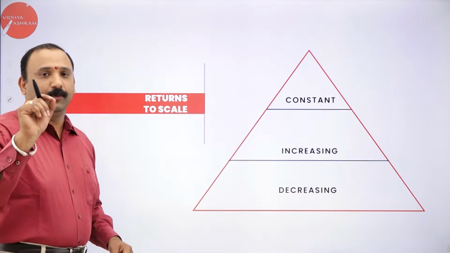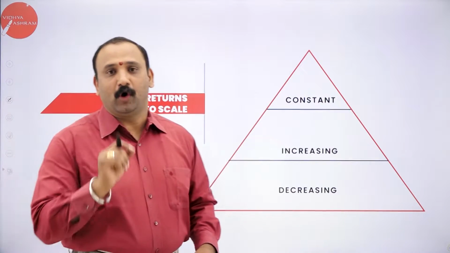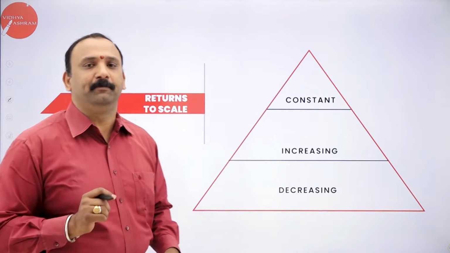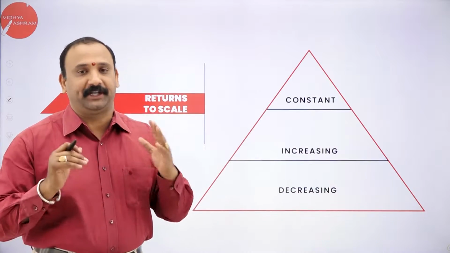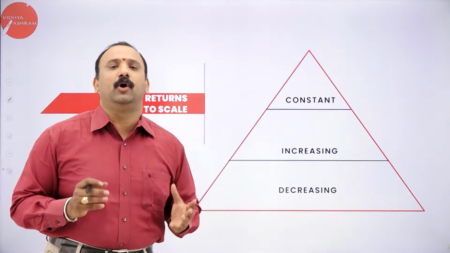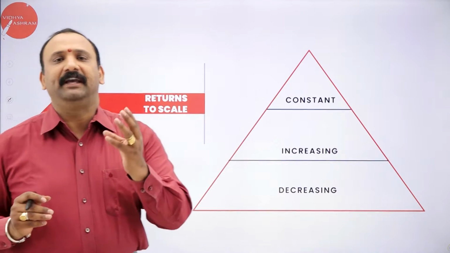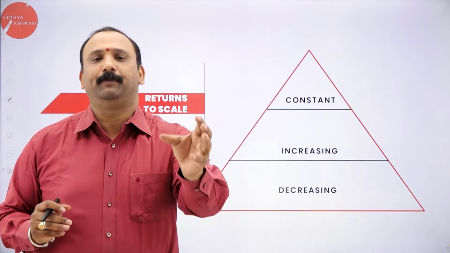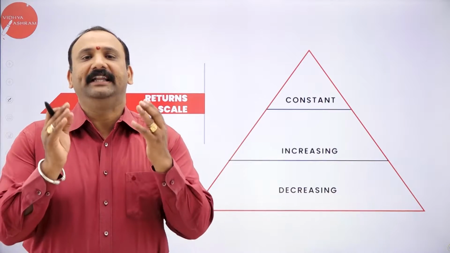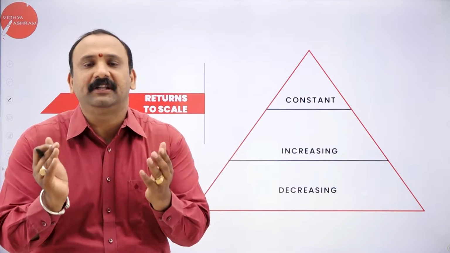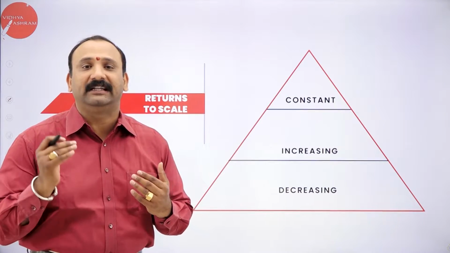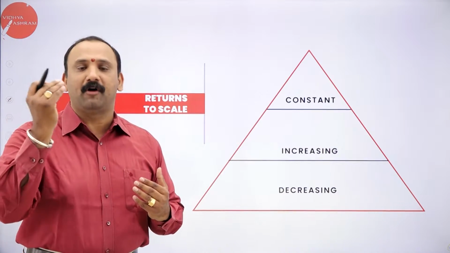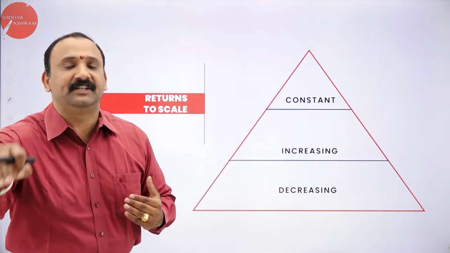Now, whenever we talk about business, we also talk about a very important concept called return on investment. What is this return on investment? If I have invested 1,000 rupees in a business, I need to see a return coming out of that 1,000, which means I need to see at least 1 rupee profit over what I have invested.